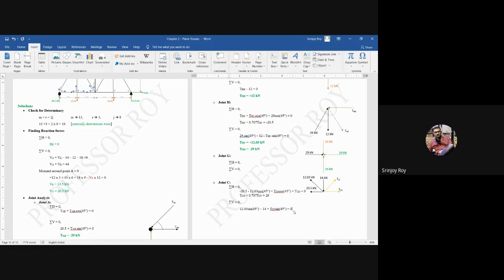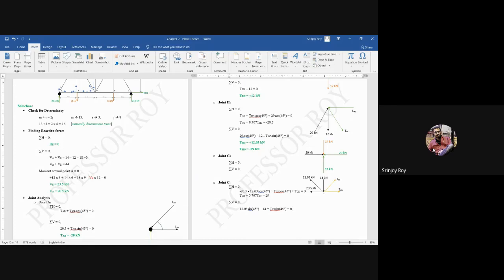Because here there is an inclined member, this one is an inclined member, and here is another inclined member, that yellow colored inclined member. So for both, two different vertical components will be generated. Inclined member means a part of it is along the horizontal and a part of it is along the vertical.